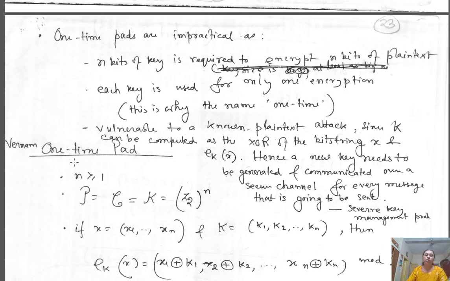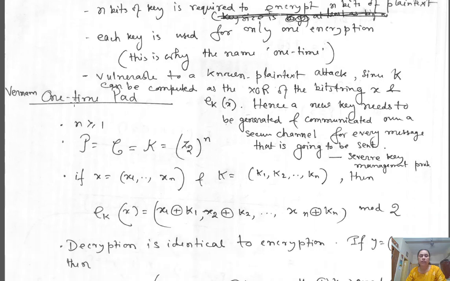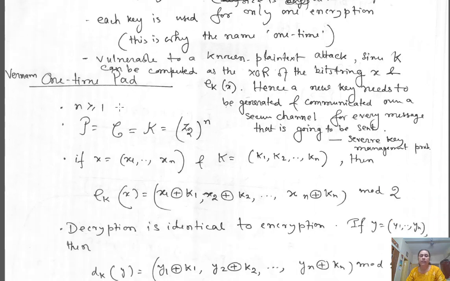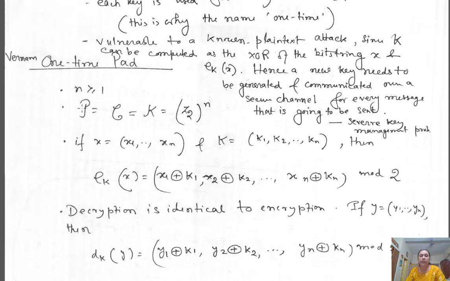Let us recall the one-time pad, Vernam one-time pad. In the Vernam one-time pad, we have seen that the plain text space, ciphertext space, and key space all consist of bit strings of length n.